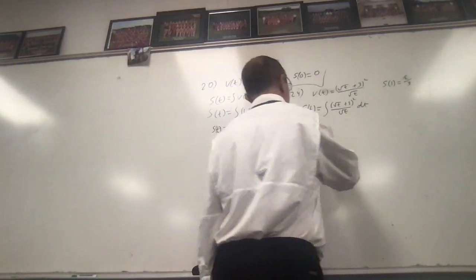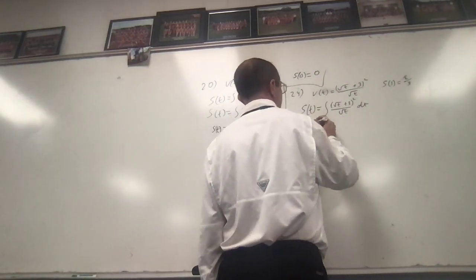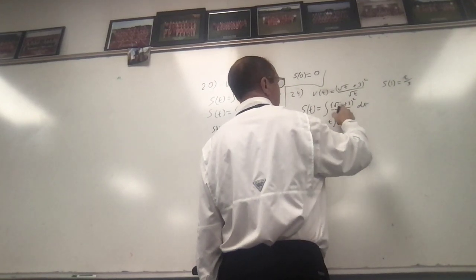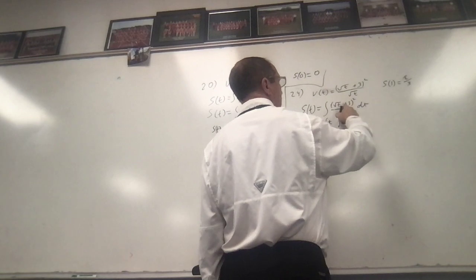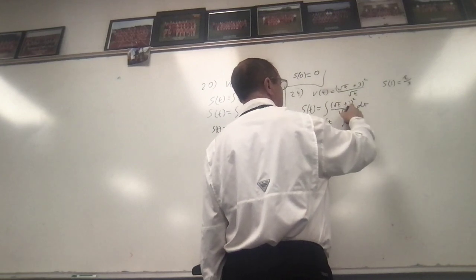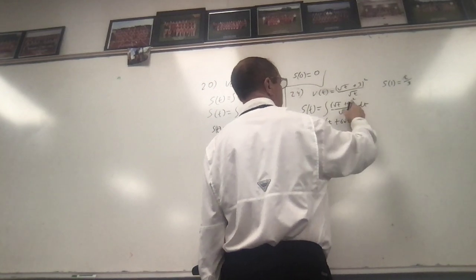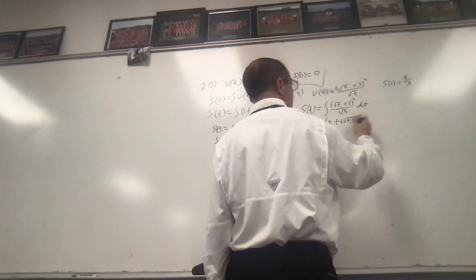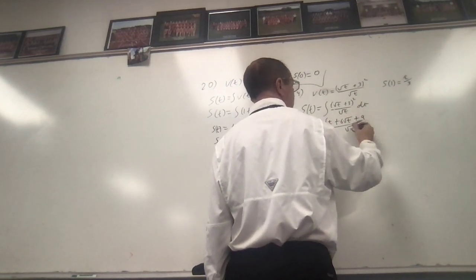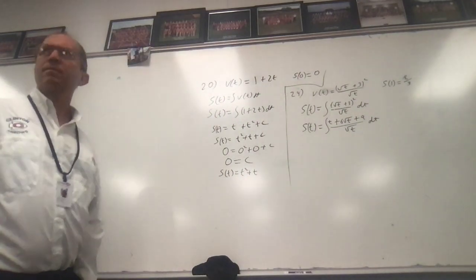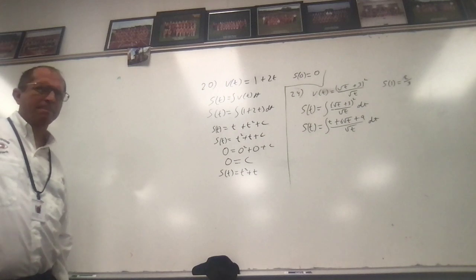So this would be t, and then 6 square roots of t, and then plus 9, all over the square root of t. Are we good here?